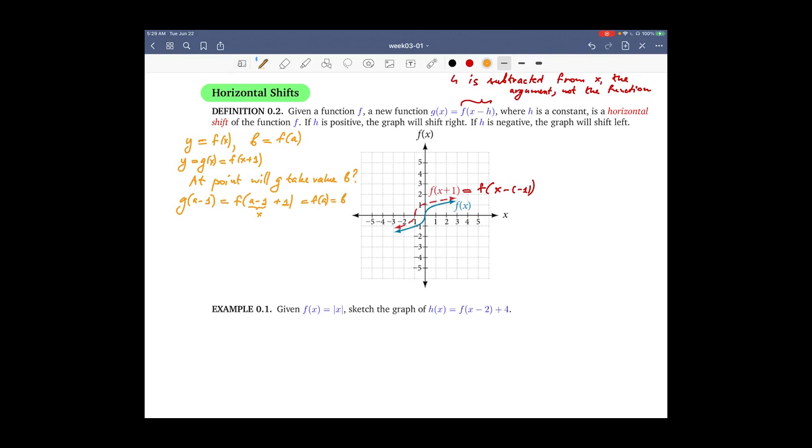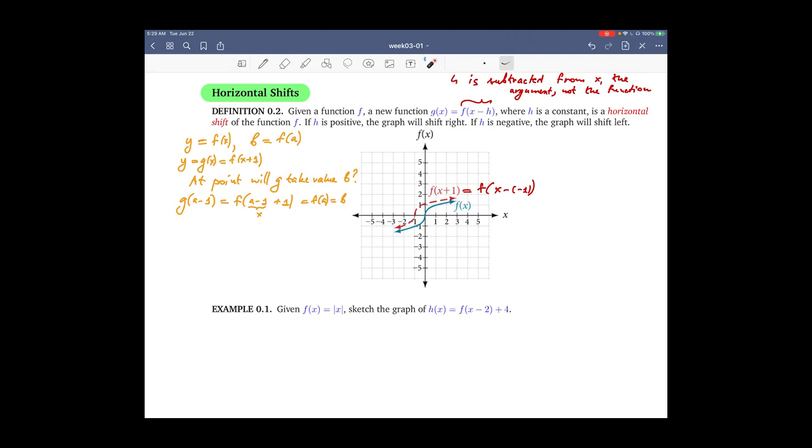So we clearly see that g is kind of lagging behind f by 1 unit, meaning that whenever f at some point a takes value b, g will take that same value b at point a minus 1.